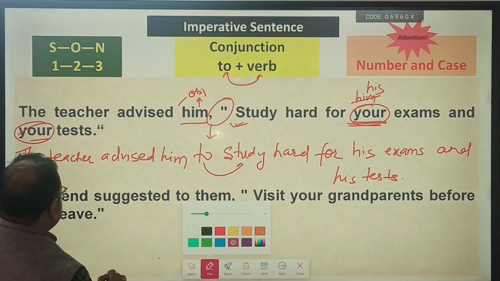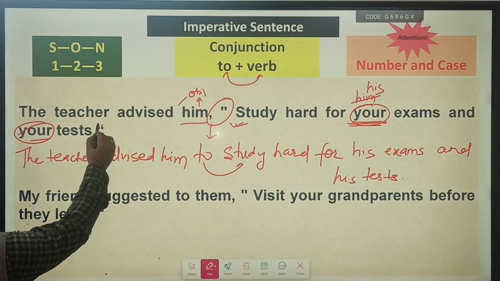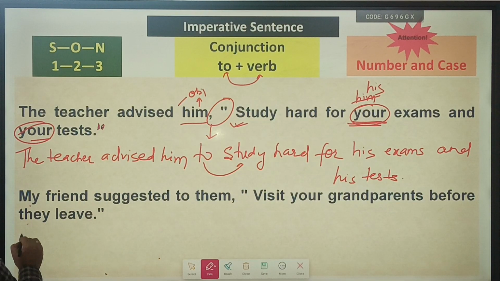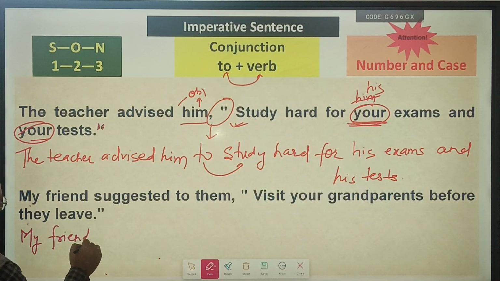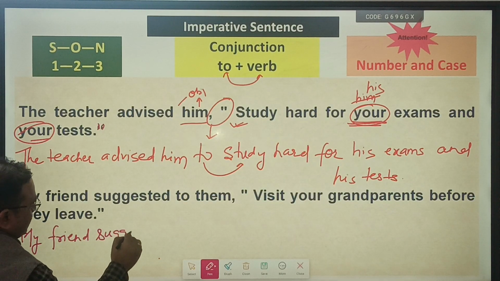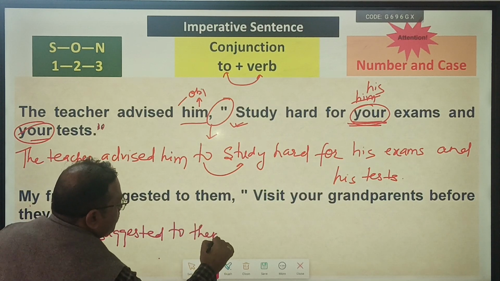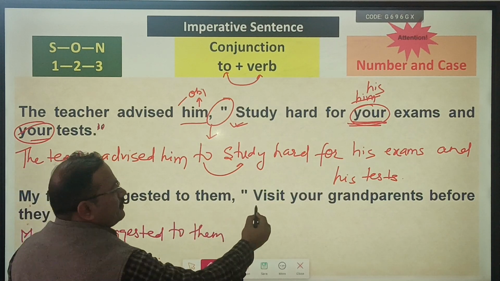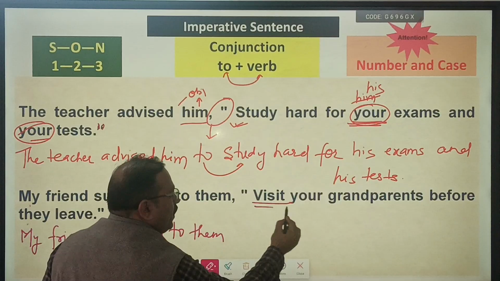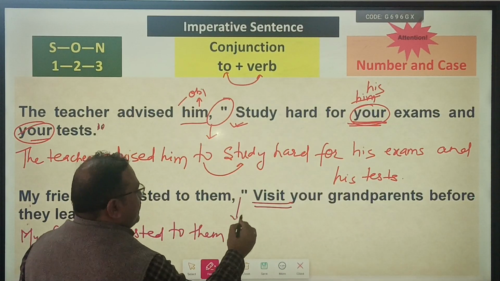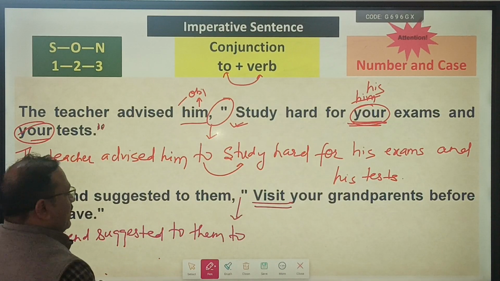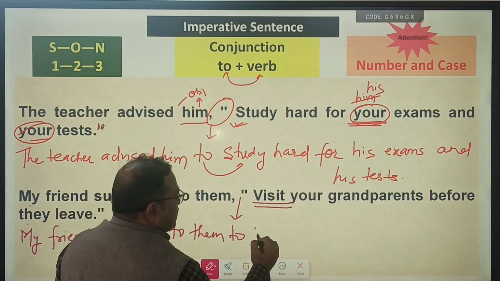Let us do the second one. My friend suggested to them. Suggestion, imperative sentence beginning with what? Verb. So in place of this, to, suggested to them to what?